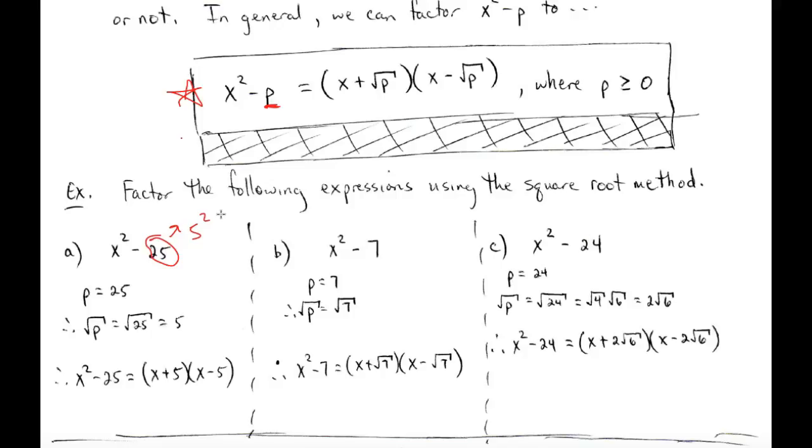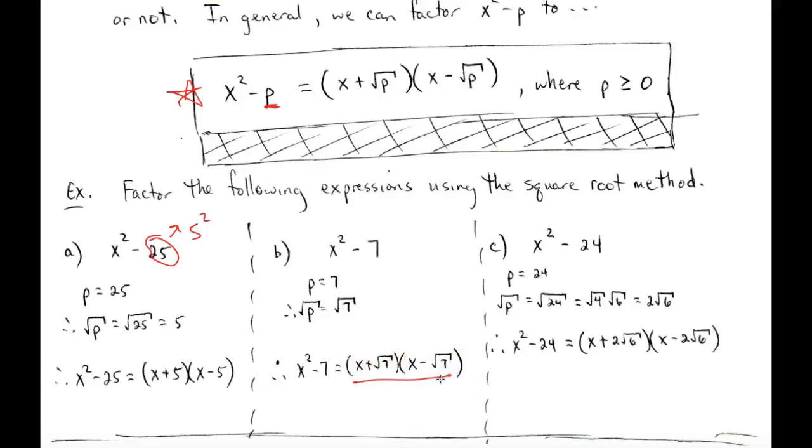Now, for example B, notice that 7 is a prime number, and thus 7 will not be a perfect square. So if we take the square root of 7, that's just going to be the square root of 7. But just like example A, if the square root of 7 is the number that we multiply by itself twice to get 7, then we just do x plus that number times x minus that number.